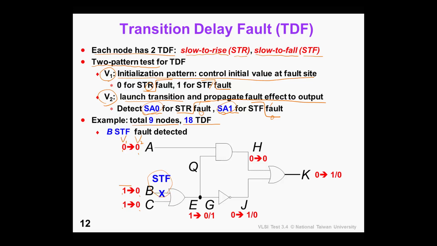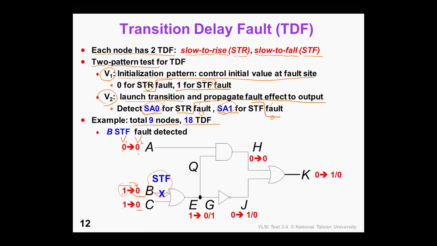Since we create a falling transition, the first pattern satisfies our criterion that we control the fault site to 1. In the second pattern V2, we create a falling transition from 1 to 0, and then we try to propagate this fault effect to the output.